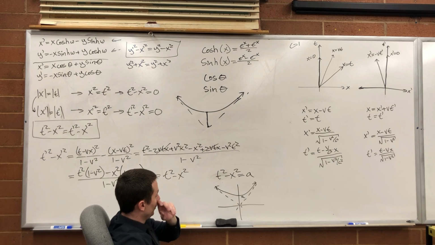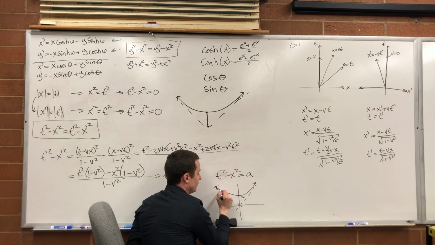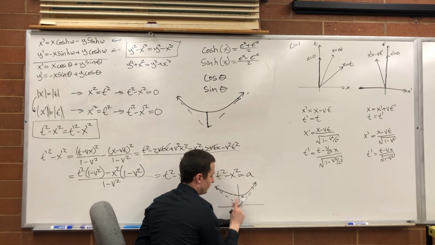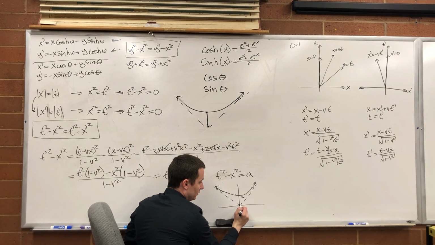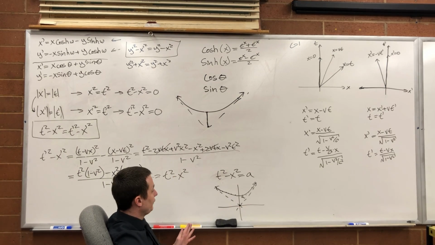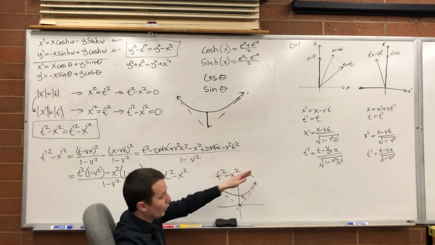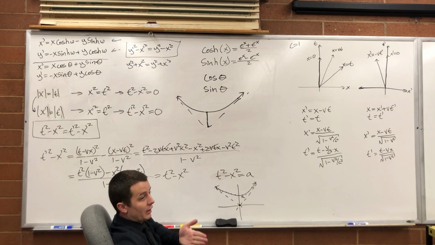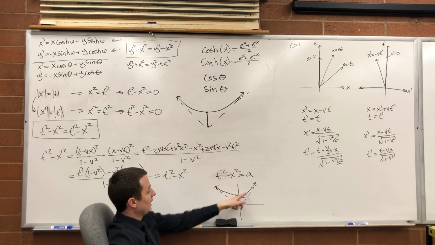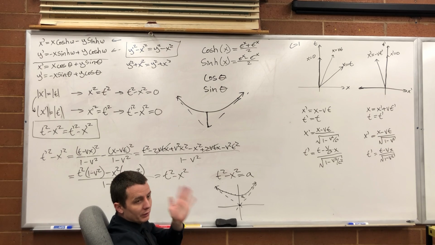And so you and I will agree that all these points are a distance little a from the origin. Whether it's your frame or my frame, if we were to pick any of the points on that hyperbola, find it in your reference frame, find it in my reference frame, calculate its distance from the origin, we would get the same value.